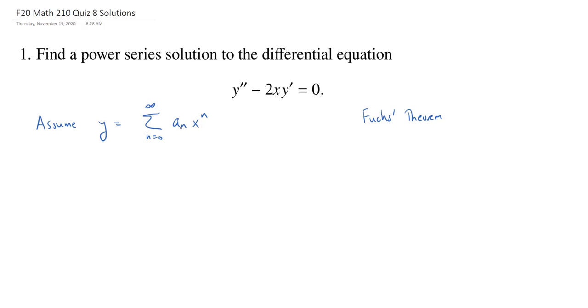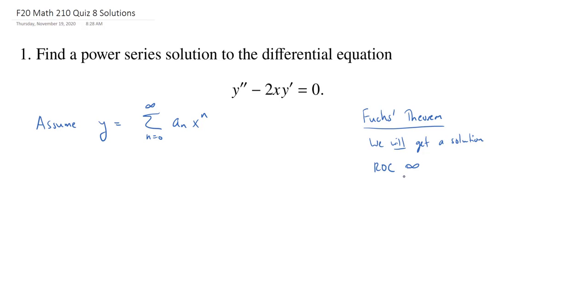So Fuchs' theorem not only is going to tell us we will get a solution, but also in this case, because our coefficient functions, which are negative 2x and 0, which you don't see, of course, have power series expansions, sort of trivially, the radius of convergence for both of those power series is infinity, which means that the power series solution to this differential equation is actually going to be infinite.